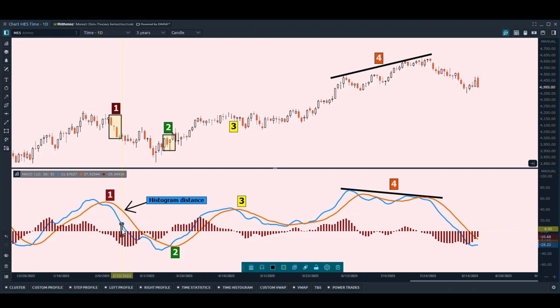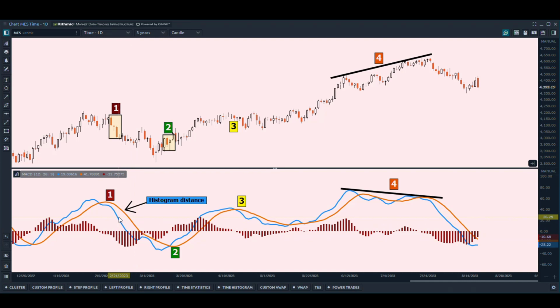Essentially, all the histogram is the distance between these two lines. You can see here, this line aligns right with this MACD histogram bar. If I move it here, you can see that's the distance between them. If I move it down, that captures the exact distance and the size of that bar. So that's essentially all the histogram is.